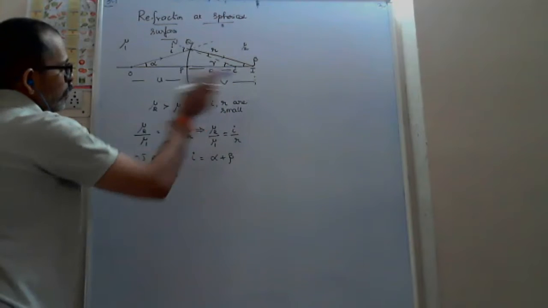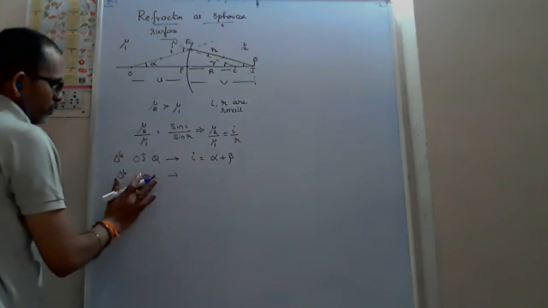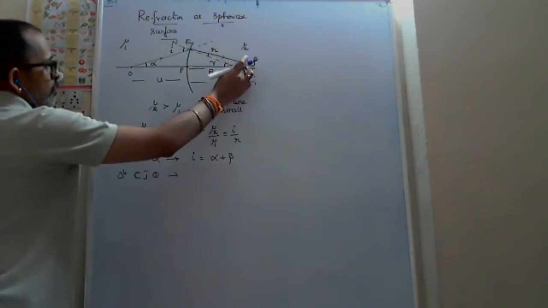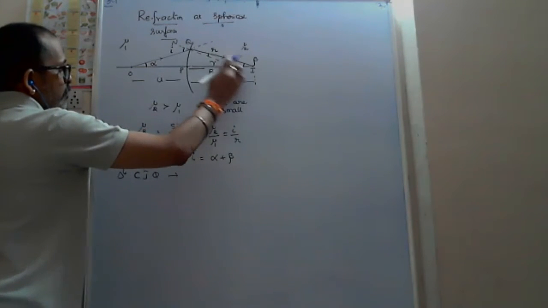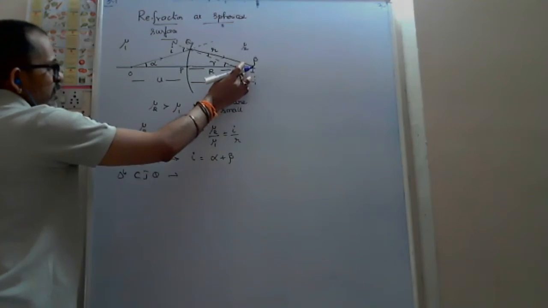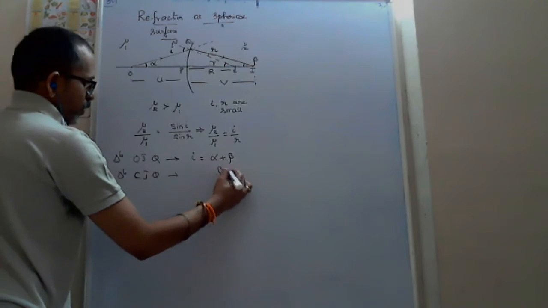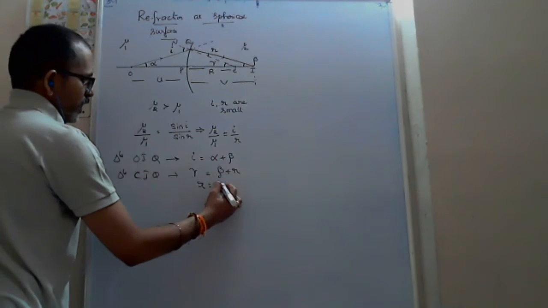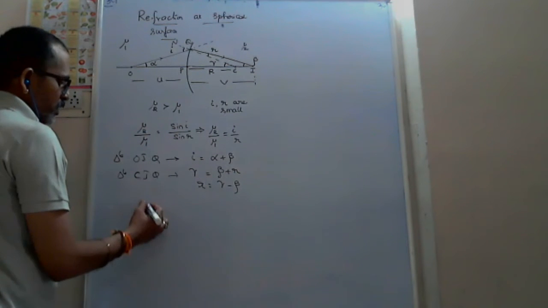Then better you go to the small triangle CIQ: alpha is equal to gamma plus beta. Beta plus r is equal to gamma. Very good. Then r is equal to gamma minus beta. Then substitute here.